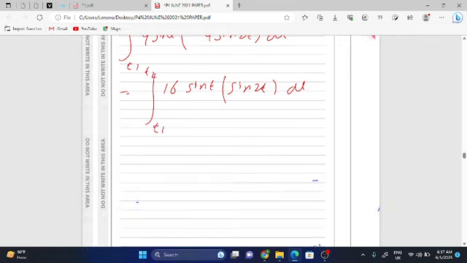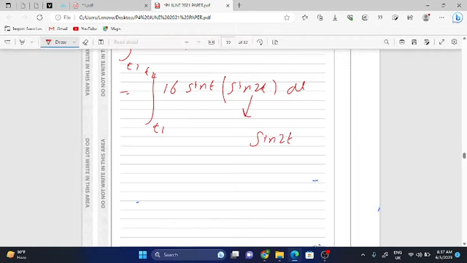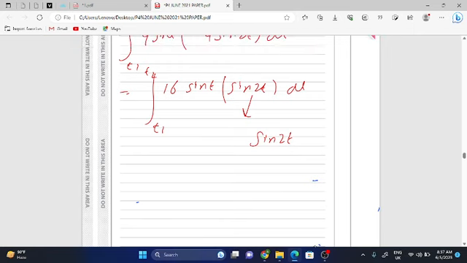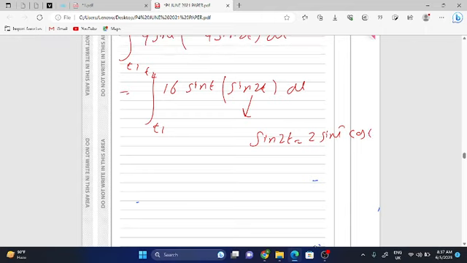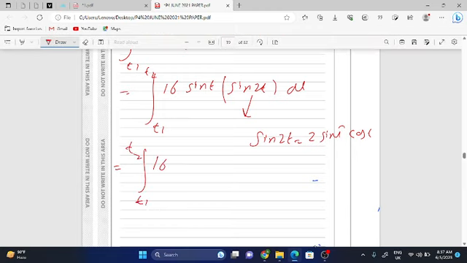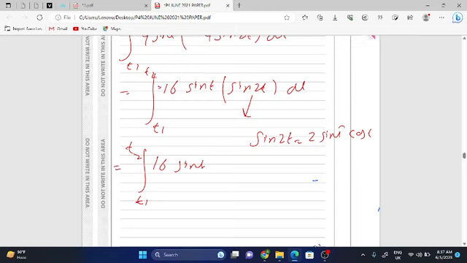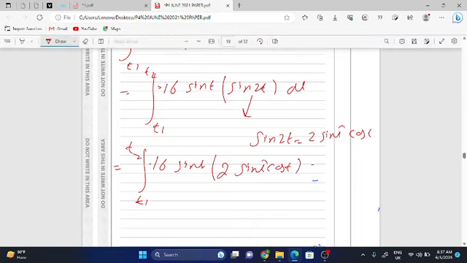I have to use the trigonometric formula for sine of 2t. Sine of 2t can be written as 2 times sine of t cos of t, the double angle formula. So it can be written over here from t1 to t2 as minus 16 times 2 sine of t cos of t, times sine of t, dt.